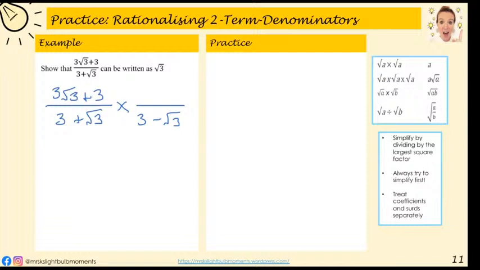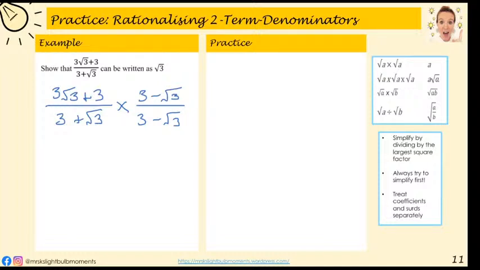You just change the sign on the surd. Okay, so we just change that middle sign there. 3 plus root 3 becomes 3 minus root 3, evil twin. Now on the top of that fraction, remember it's still got to be the same on the top and the bottom. So we've also got to write 3 minus root 3 on the top there.